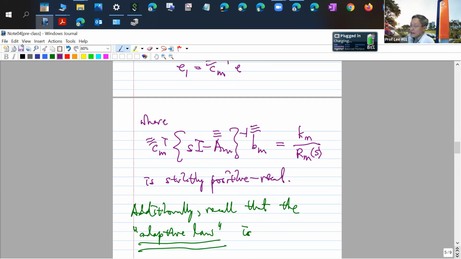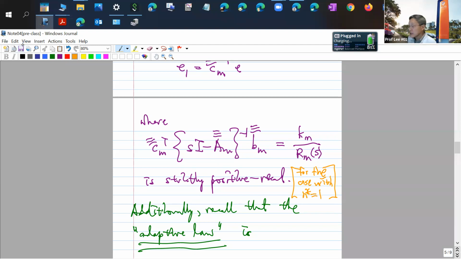This is where, if I now proceed on, it becomes different. This will now be strictly positive real for the case with relative degree equals 1.